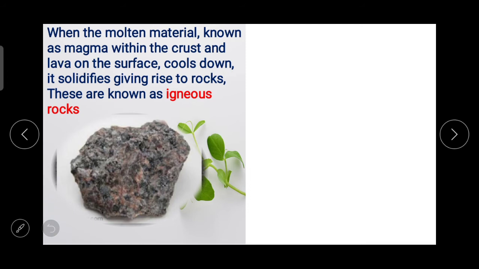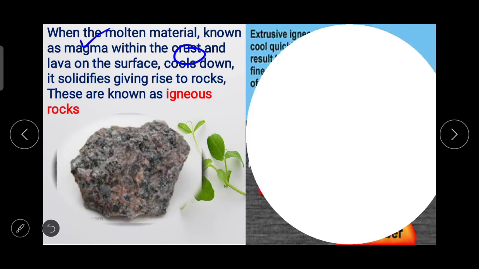When the molten material known as magma within the crust and lava on the surface cools down, it solidifies, giving rise to rocks, and these are known as igneous rocks.